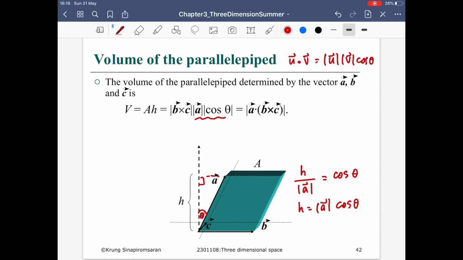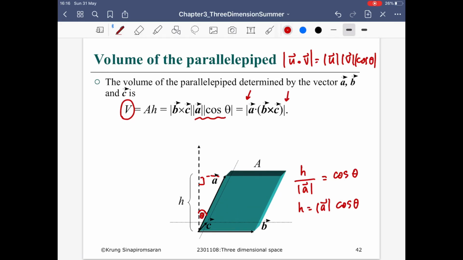And because your cosine has the absolute value, it means that you got the absolute value of U dot V as well. So the absolute value of this dot product between A and B cross C is the volume of a parallelepiped determined by the vectors A, B, and C. Don't forget that you always need the absolute value because the volume must be positive.